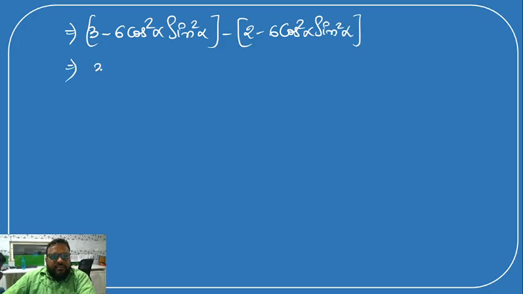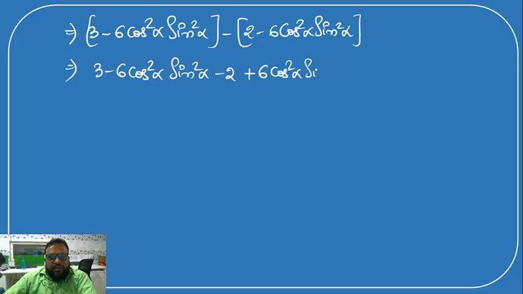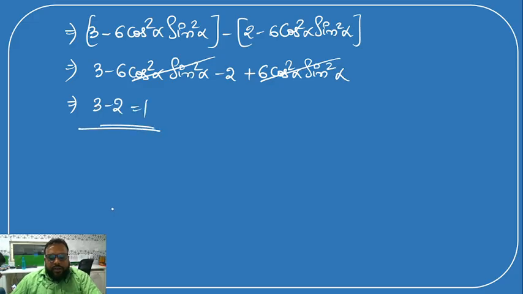So when I open the brackets, 3 minus 6 cos square alpha sin square alpha minus 2 plus 6 cos square alpha sin square alpha. So plus 6 cos square alpha sin square alpha and this minus 6 cos square alpha sin square alpha get cancelled. So finally I am left with 3 minus 2, that is equal to 1. Right? So the final answer for this is 1.